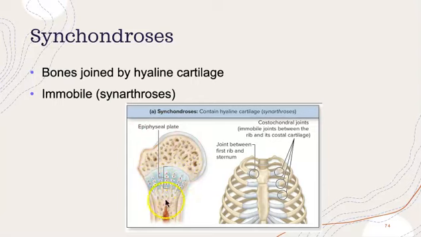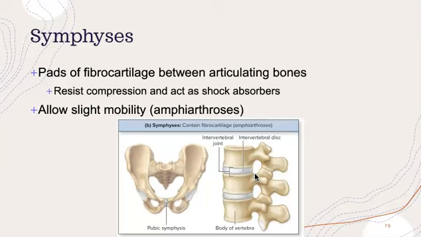We're going to talk more about this in the coming section, or sorry, this was in section 2 that we discussed. And then over here, we have our hyaline cartilage attaching our rib anteriorly to our sternum. And this is immobile.